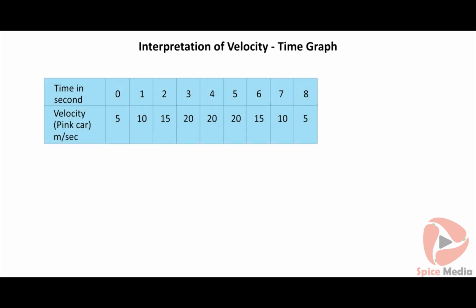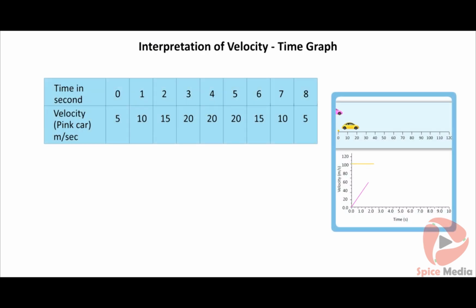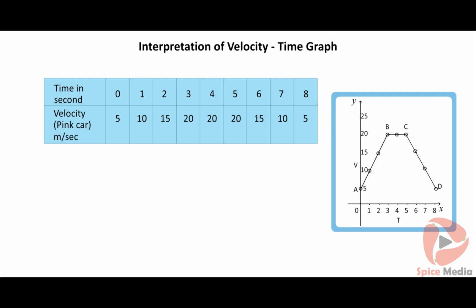Now, we will try to derive some information from this velocity-time graph of a moving body. From the graph, we can say that OA is the initial velocity of the body. The portion of graph AB indicates that its velocity is increasing uniformly with time, that is, the body is accelerating. So, the body has uniform acceleration.